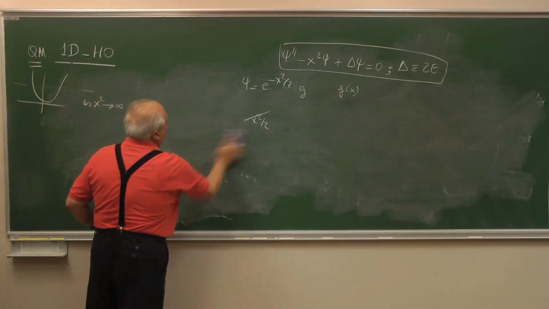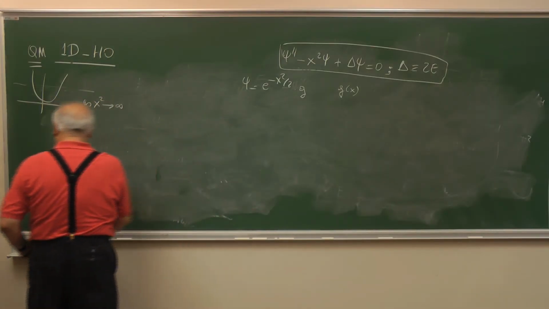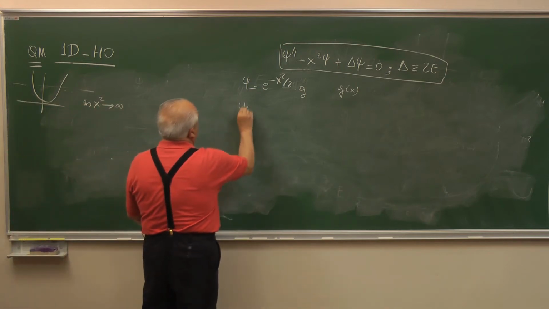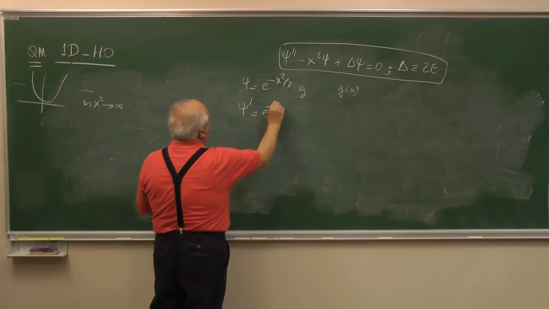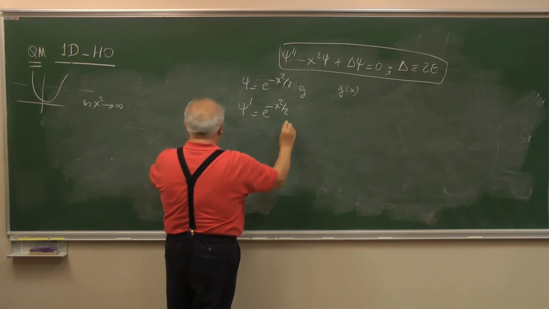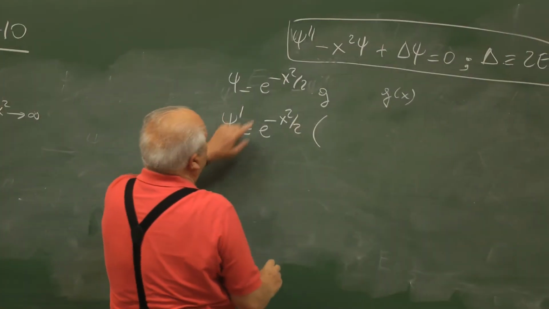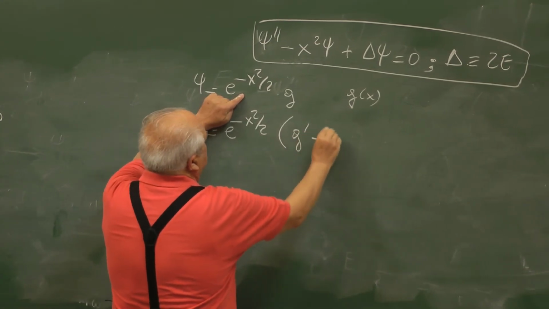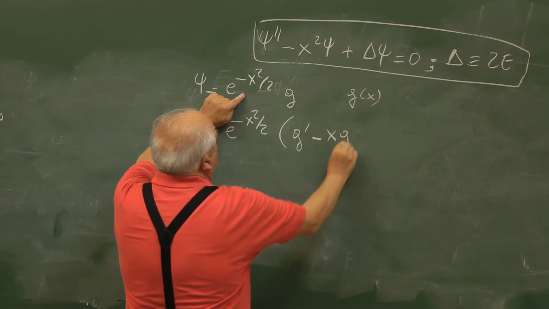So we have to do the algebra now. We have to take the derivatives. Psi prime equals e to the minus x squared over 2 times g prime minus xg.